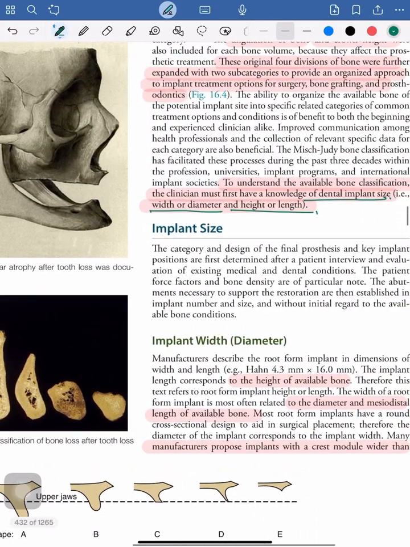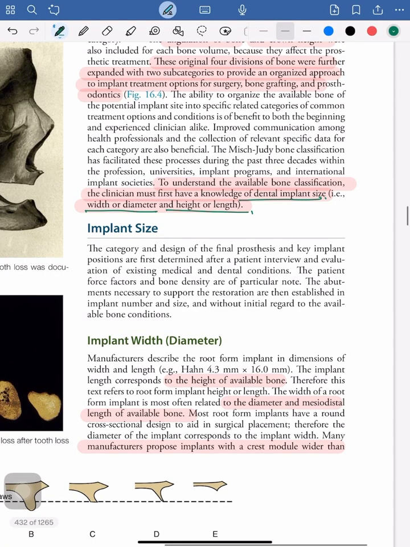Now, we see that the importance of bone is related to the placement of implants. So how would the implant size actually matter, and how would the size dictate the prognosis of a particular treatment?